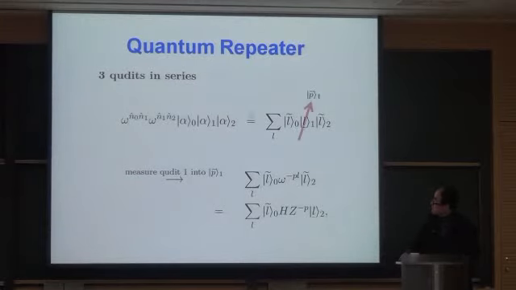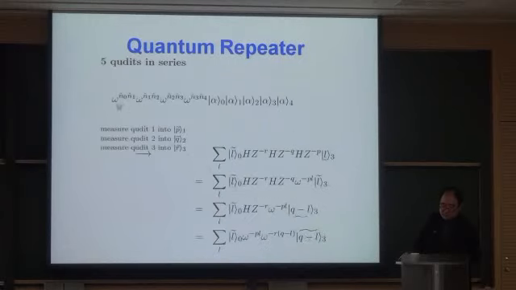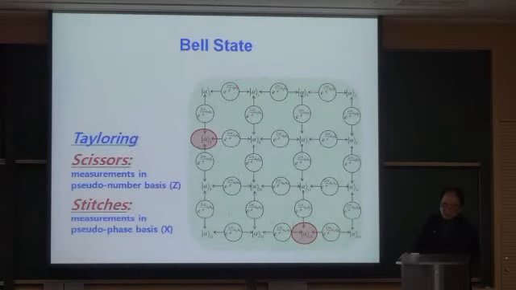In this case, if you have 3 qubits and you measure this middle one, then this state and the final one, the terminal ones, are entangled. So you can use it for teleportation. For a 4 qubit series, measure in the middle, and the terminal ones are entangled. 5 qubits are also the same. So you can send your quantum state anywhere.